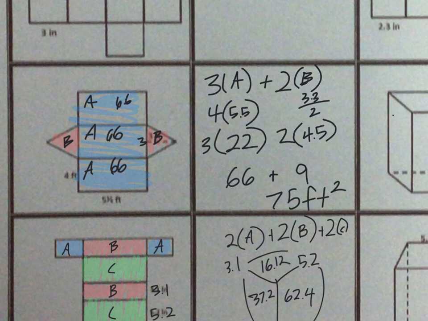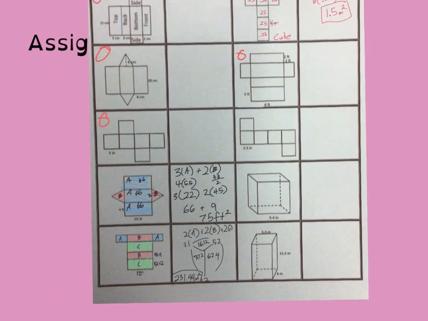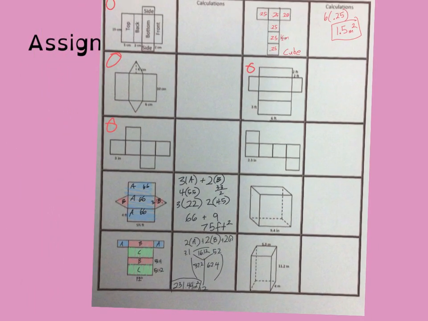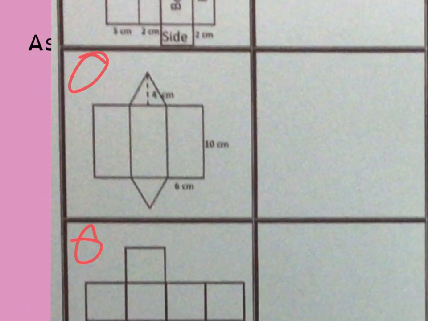Okay. To save time, I'm not going to do every one of these. I've done 3 of them. I've done a cube, I've done a rectangular prism, and I've done a triangular prism. And that's what you're going to run into. And by the way, you can thank your teacher for this. We talked about this as teachers. We only gave you ones that are whole numbers.